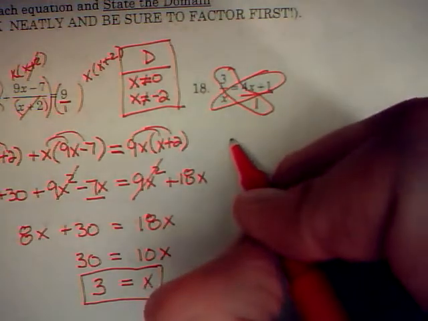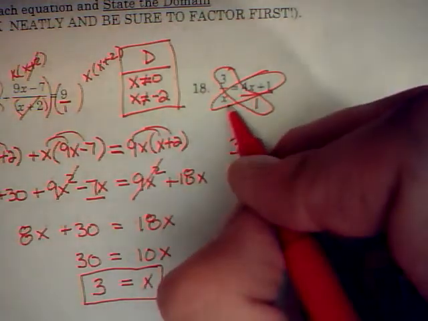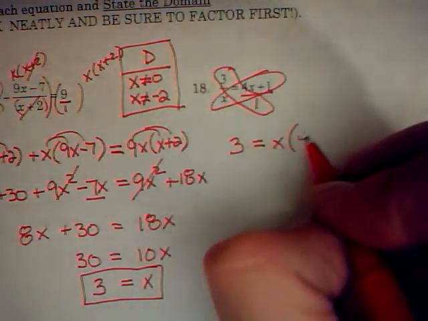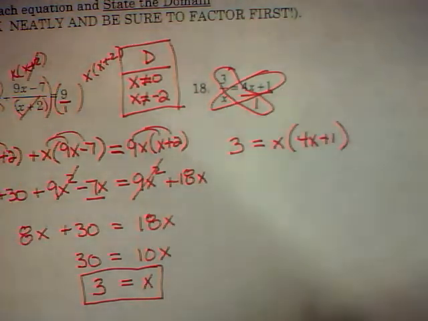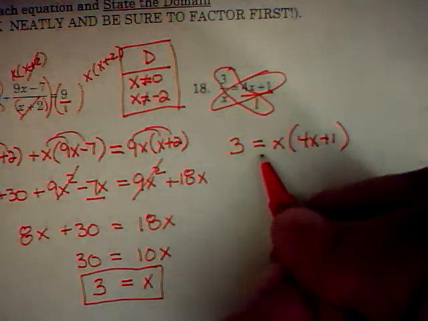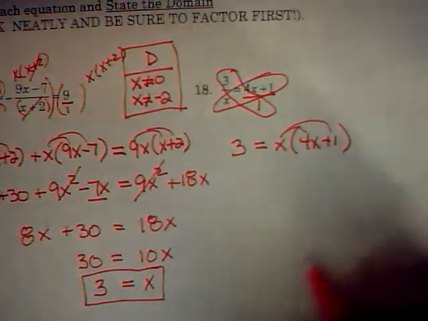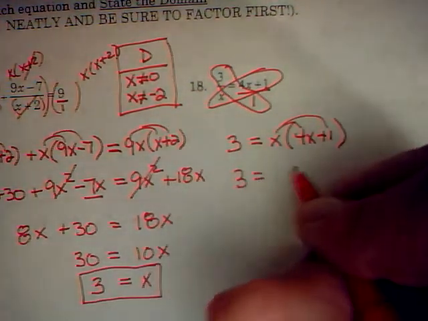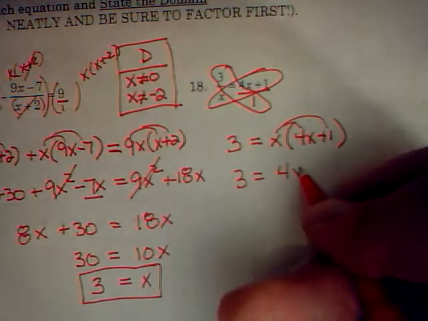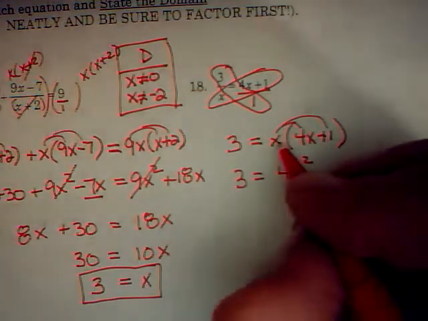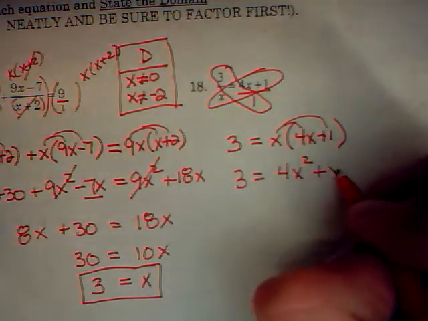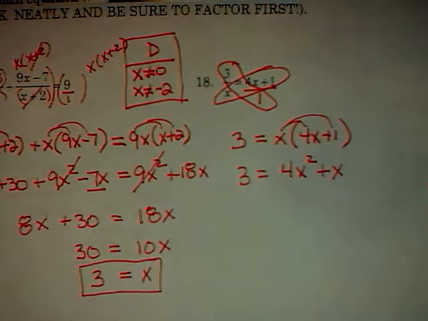So 3 times 1 is 3, equaling x has to get multiplied by the 4x plus 1. So then here we can go ahead and distribute our x to both terms. So you get 3 equals x times 4x is 4x squared. x times 1 is x. Okay.